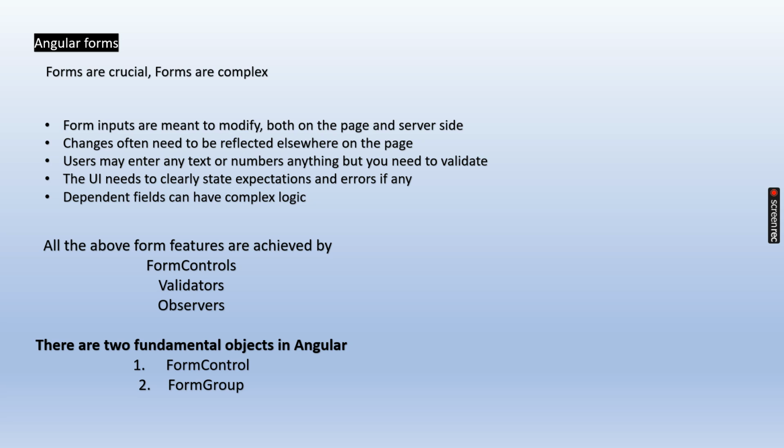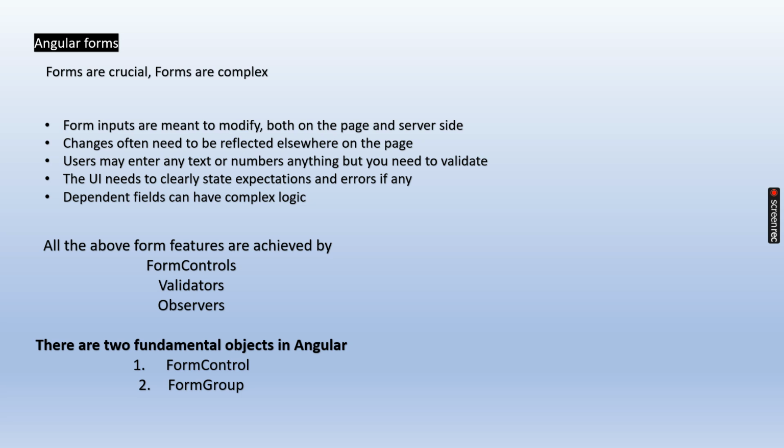And sometimes users can enter meaningless information, but at that time the form should be in a position to validate, and it should warn the user: you have entered incorrect information, please enter valid information. Like that, the form should be in a position to validate. That means we need to write such validations, and the UI form should be in a position to state the expectations of that form.